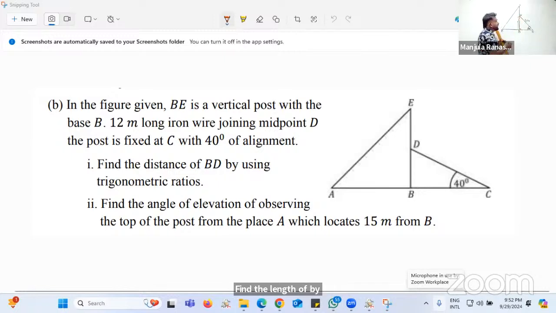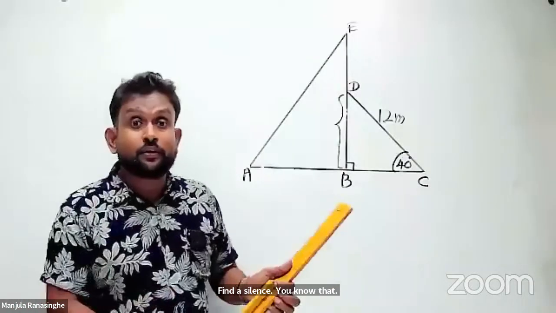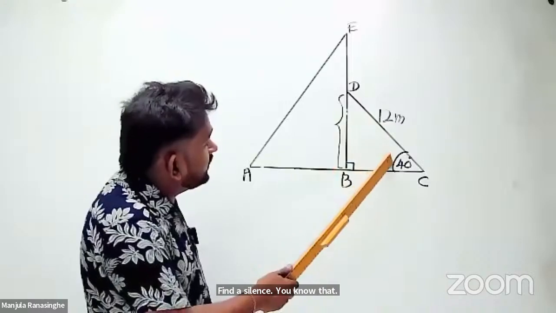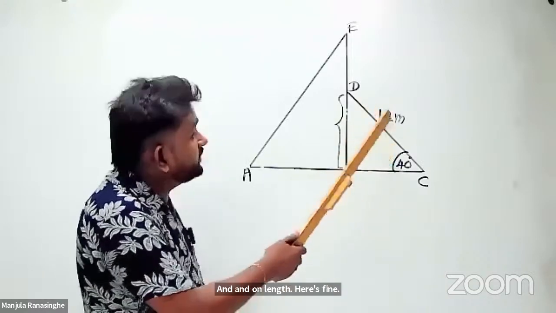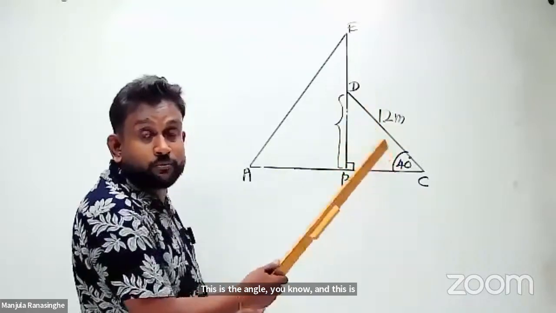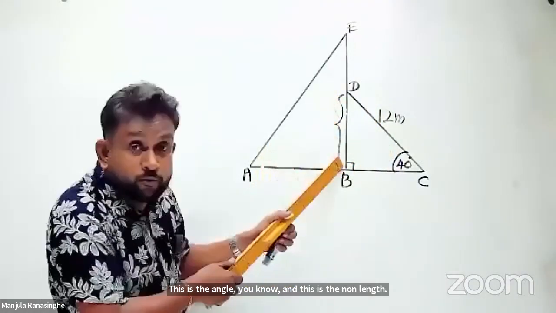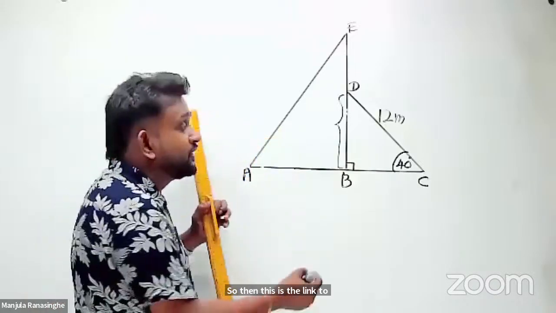They are asking for the side length BD. To find a side length, you know that you require an angle and a known length. This is the angle, and this is the known length, so this is the length to be found. You write their names near them.